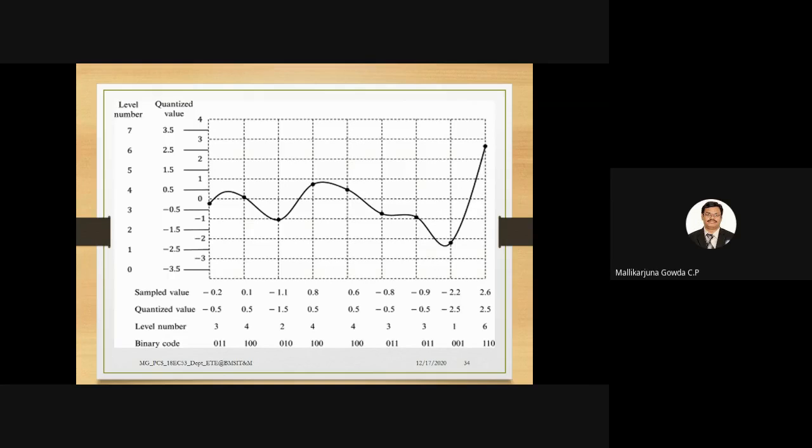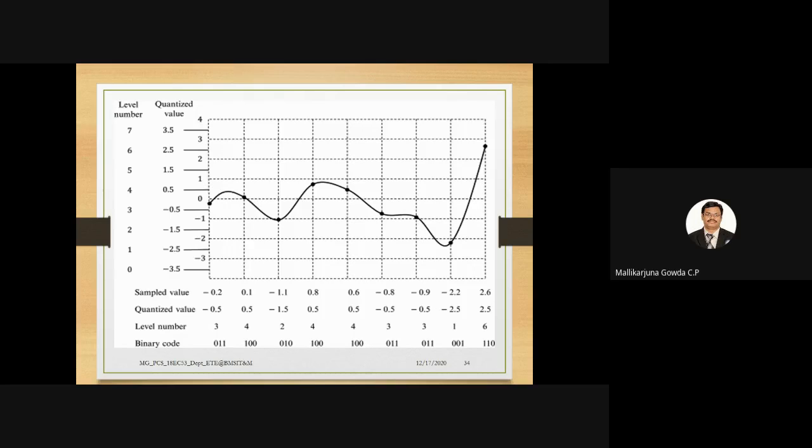Here this is my analog signal, and the dotted lines are the rounded off sample values. I divided my input signal into 8 levels, that is, I represent them by 0 to 7.